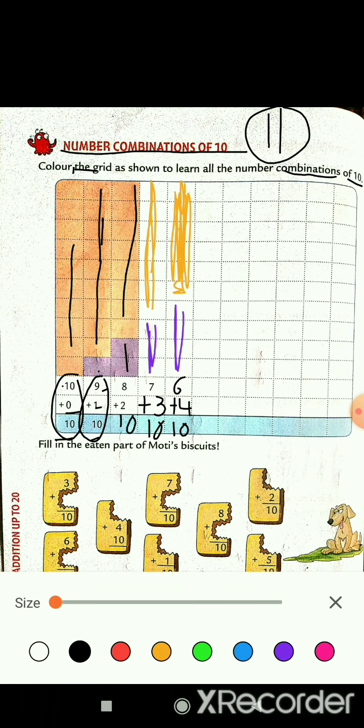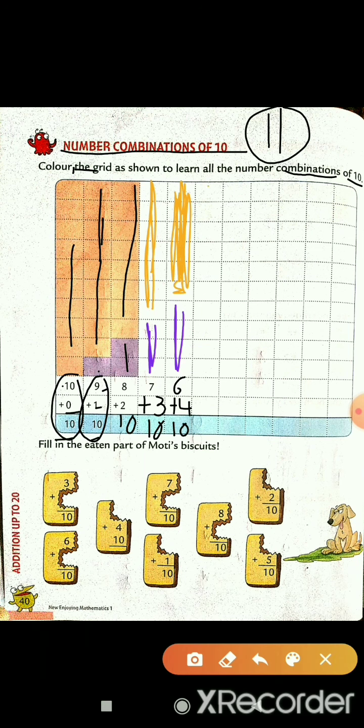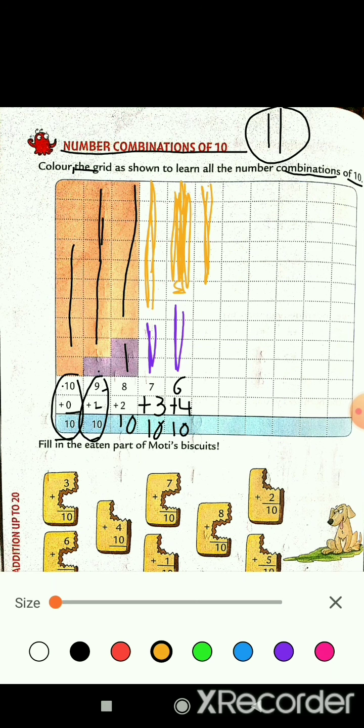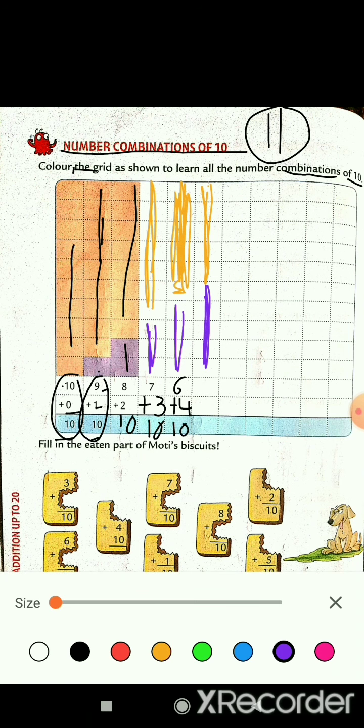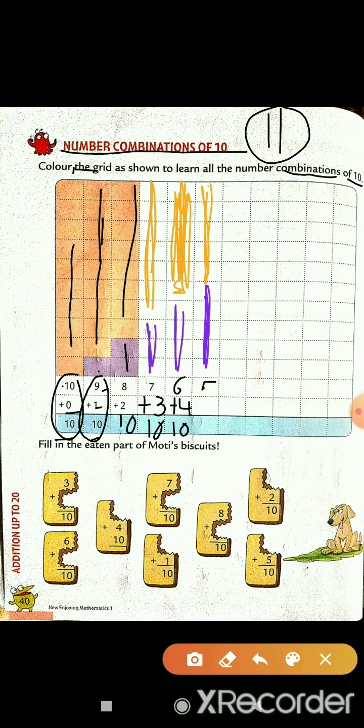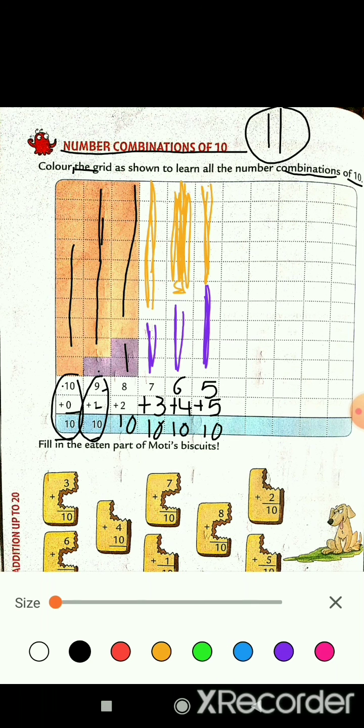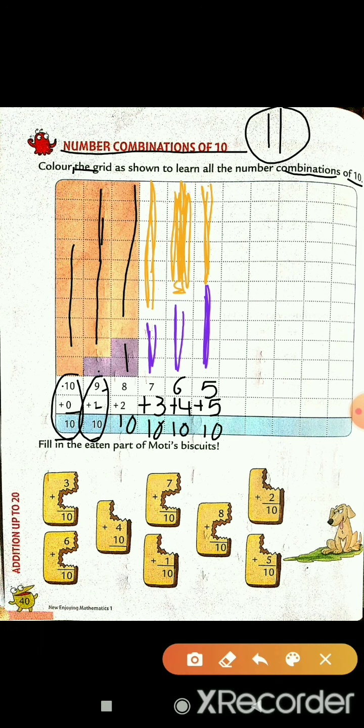Got it students? Next, you will color 5 boxes with orange color and 5 boxes with purple color. So what you will write here? 5 plus 5 is equals to 10. Got it students? Moving further, what comes before 5? 4.